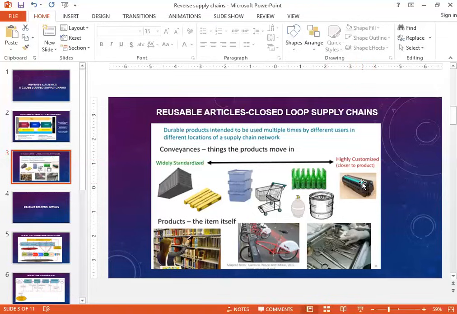And you can't send it just to any company. You have to send it back to the company whose product it is. So these are just some examples where you can see that these are all reusable products. And again, reusable products are the ones that have closed loop supply chains.